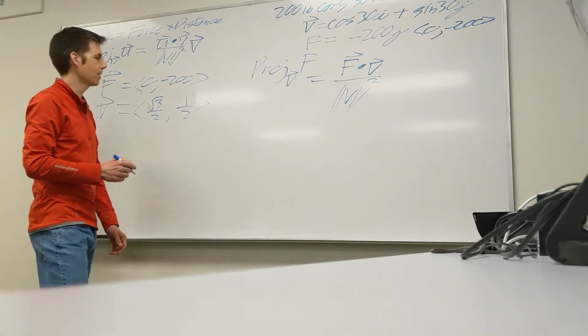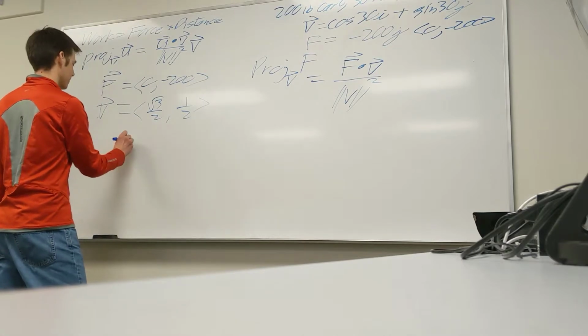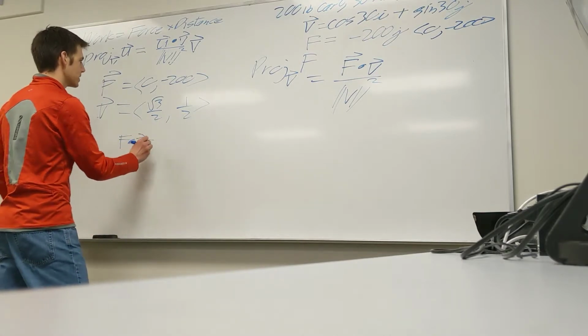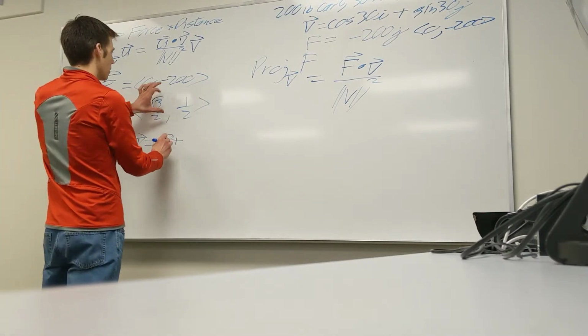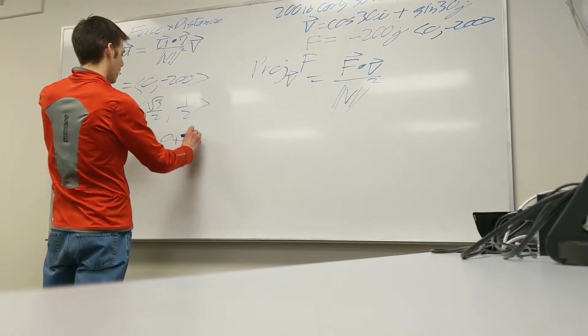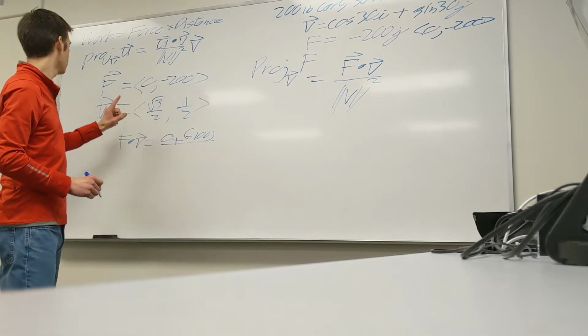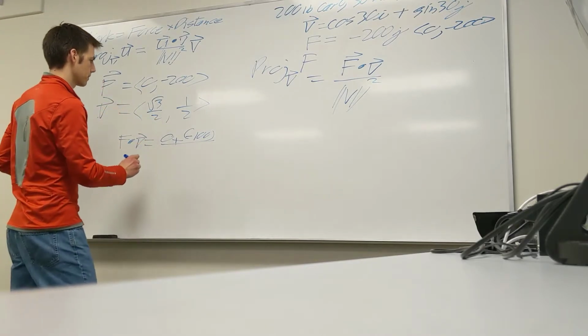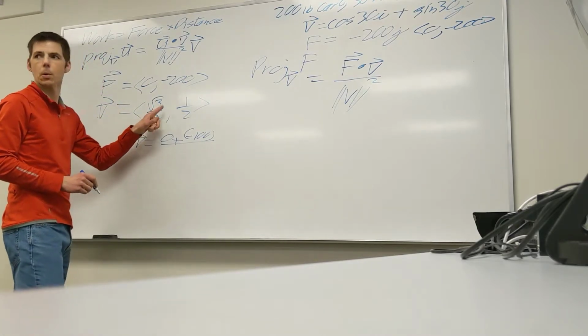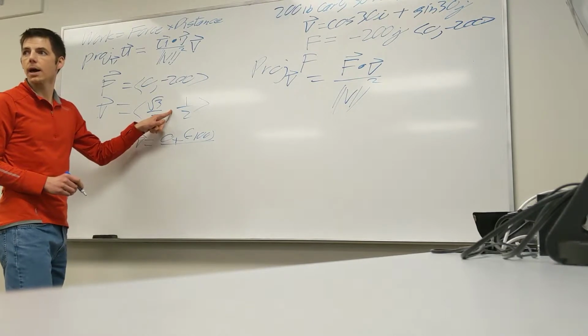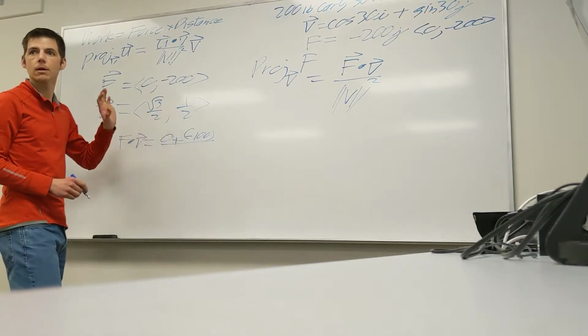So what's F dot V? That's going to be 0 plus -100. And that's going to be divided by the magnitude of V squared, which is, what's the square root of the square? Should be 1, right? Because sine squared plus cosine squared is 1 of anything.